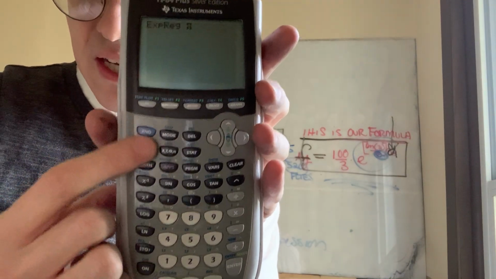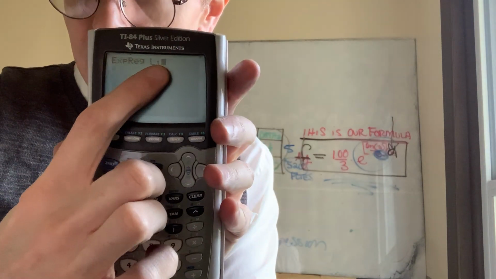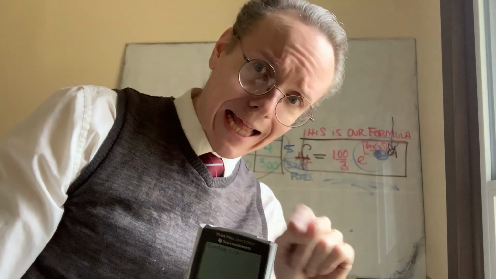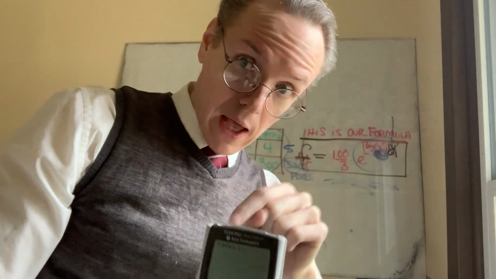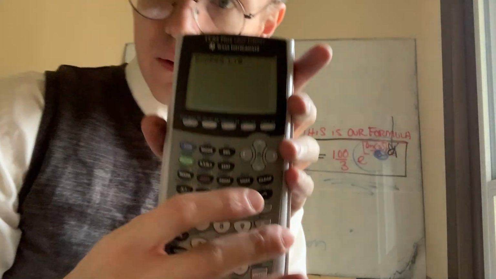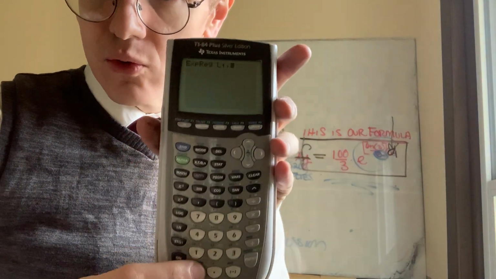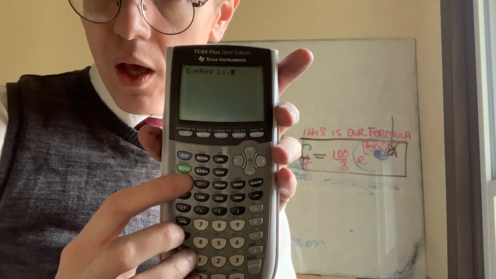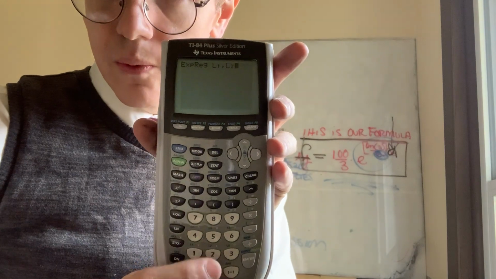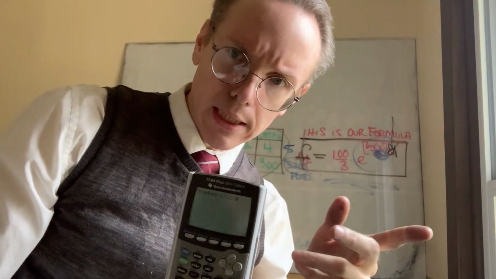So I'm going to hit second and then 1, and you notice that it's going to say L1. That is telling the function the x values are in L1. And then you hit a comma, and then you tell it the y values are in L2. Now there is one other thing you can do.